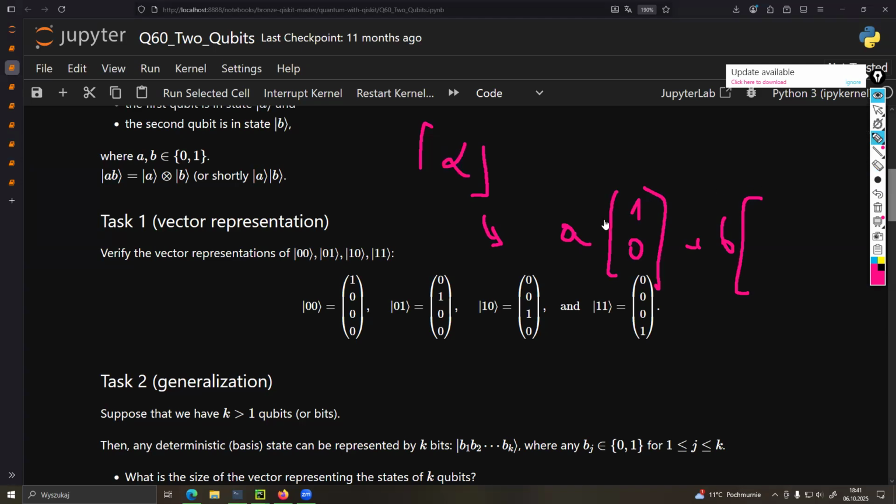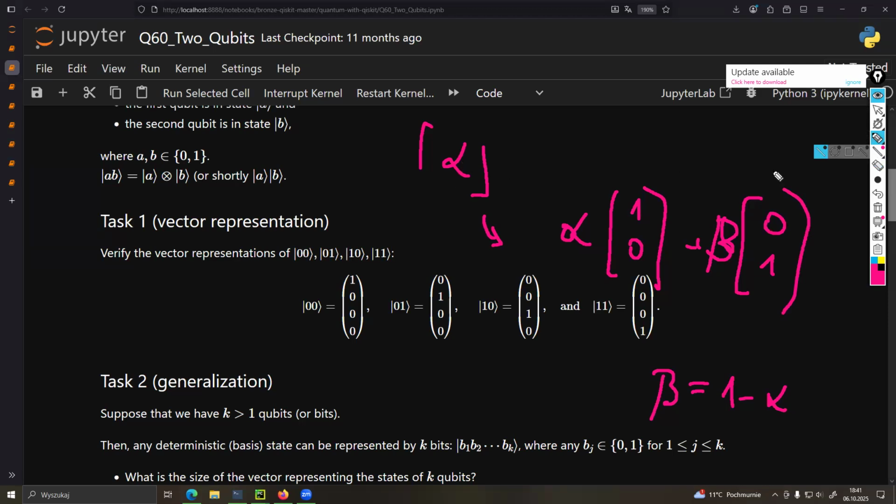Say this is alpha, and this is beta, and beta was 1 minus alpha, right? So this was beta, 0, 1.